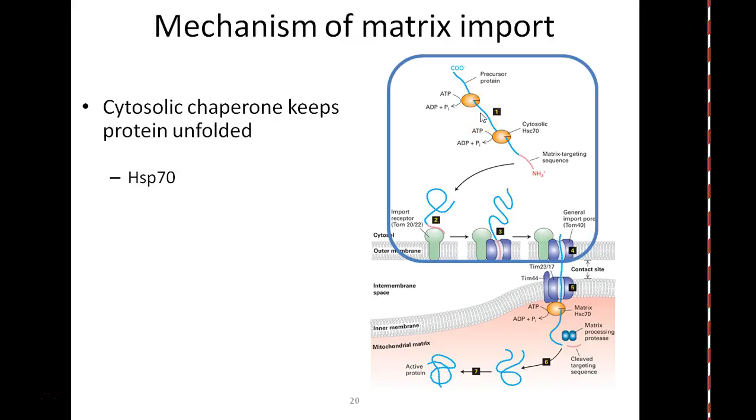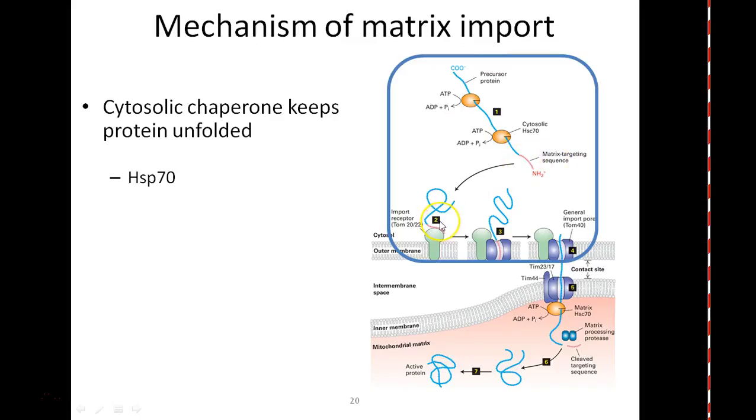Please remember that those chaperones use ATP energy in order to maintain this precursor protein in the unfolded conformation and in order to protect this protein from aggregation and degradation. So ATP energy here is very important.